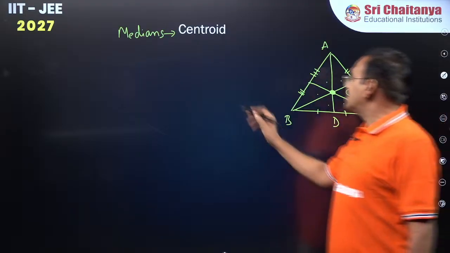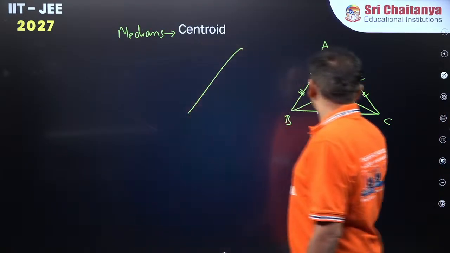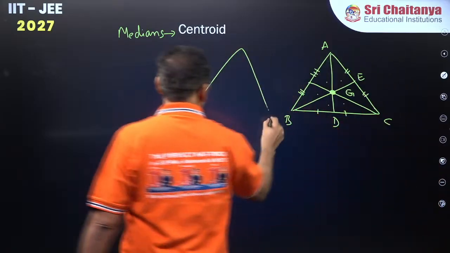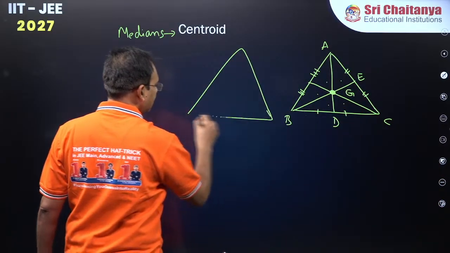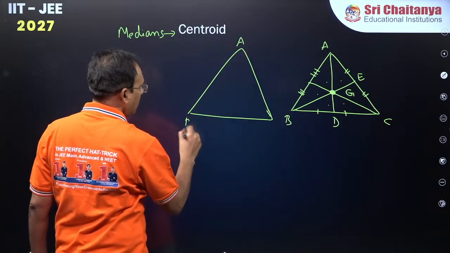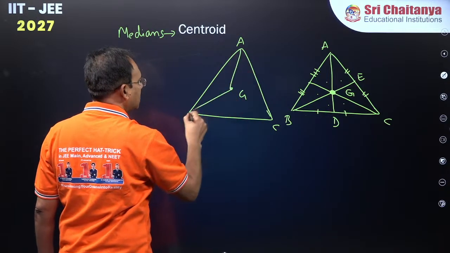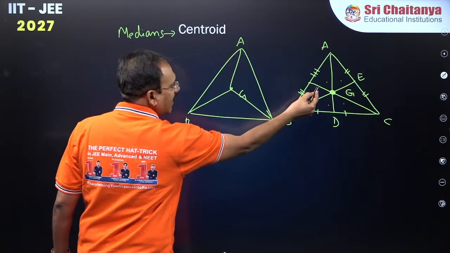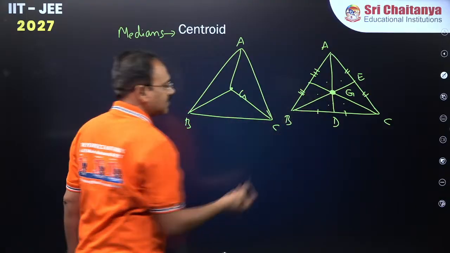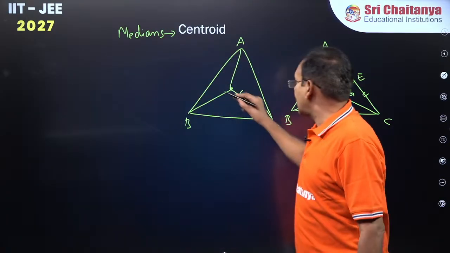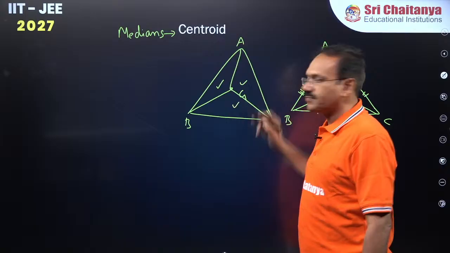Second point: suppose in the same figure ABC, G is the centroid, and you just join AG, BG, CG. These 3 triangles will have equal area.